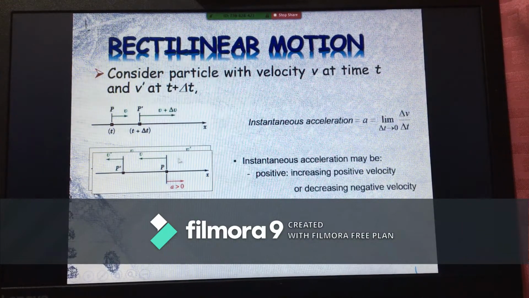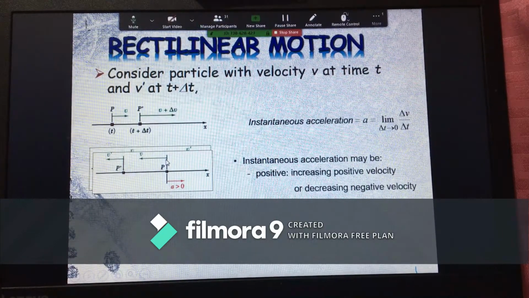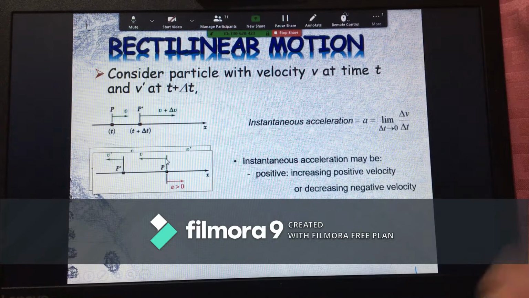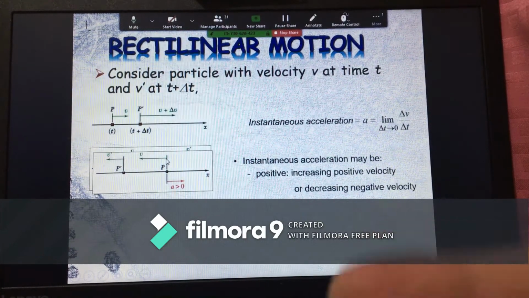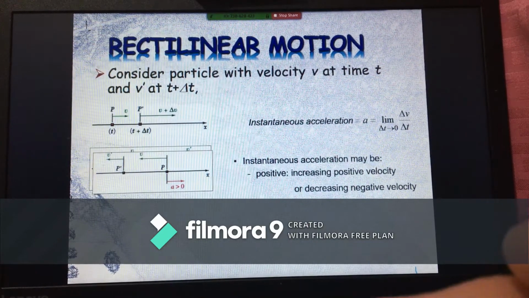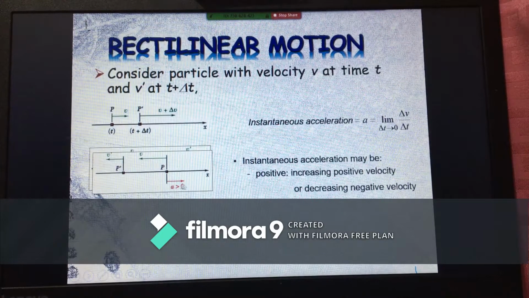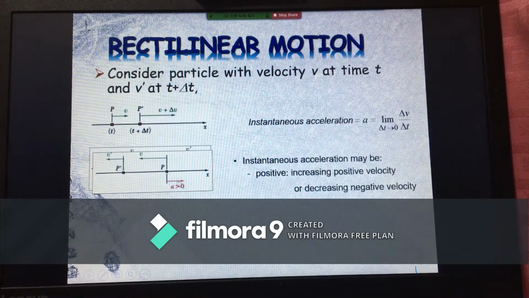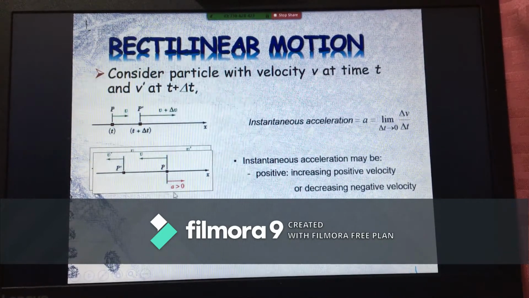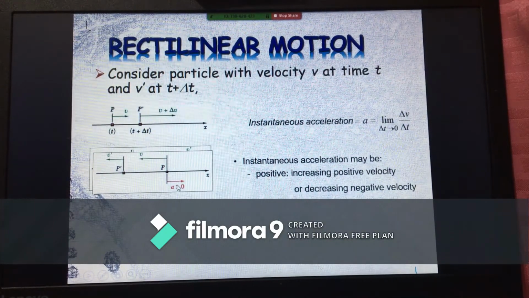So it means that decreasing siya. But this is still considered a positive because it goes to the right, that which is negative supposedly, but ang velocity niya is decreasing. So therefore, this can be considered as acceleration is positive. So ang net effect nito niya, class, ang acceleration is positive. Alright? So that is the second scenario.